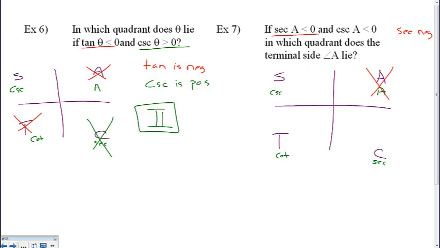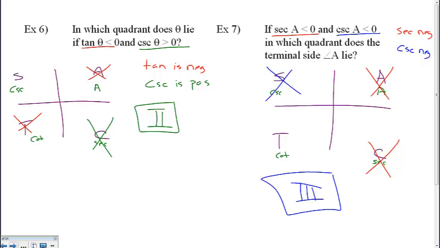This means that the secant is negative, so it cannot be in quadrant 1 or 4 where the secant is positive. Next, I'm told cosecant of the angle A is less than 0, so cosecant is negative. Since cosecant is positive in the first quadrant, I can cross that out, and I'm left with quadrant 3.